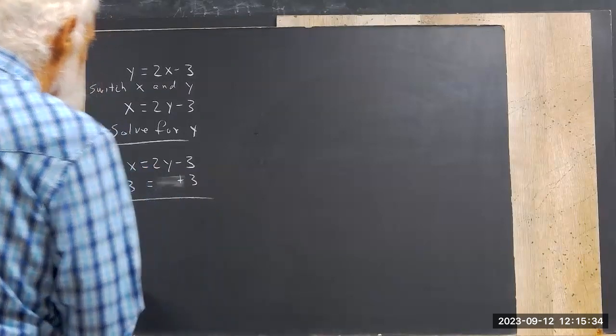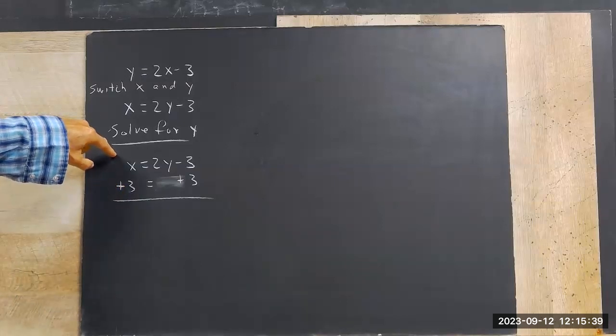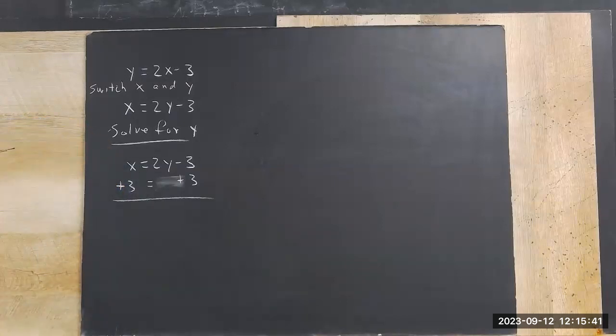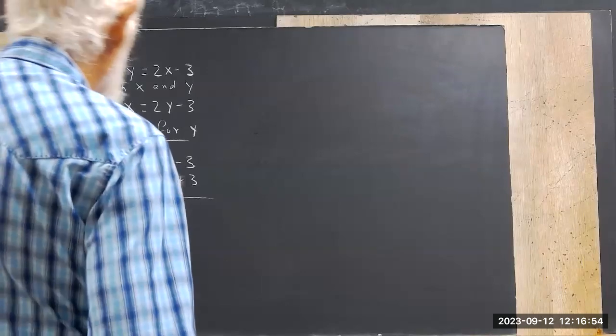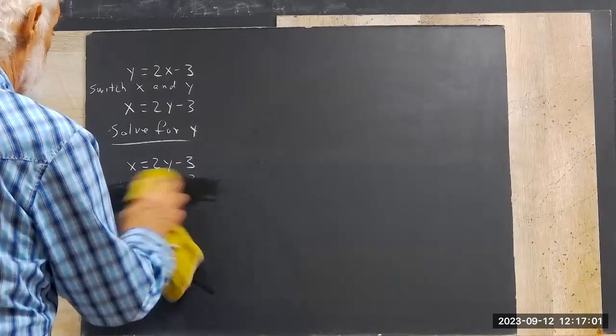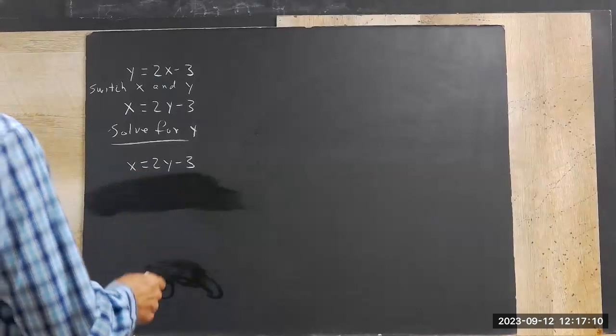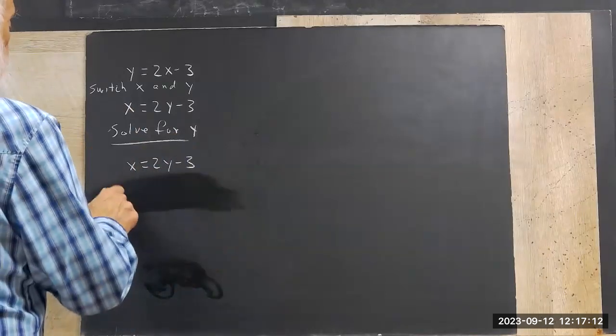So when we do this, what do you get on the left-hand side? I'd advise you not to write them out like this because it creates massive confusion. What we want to do is add 3 to both sides.